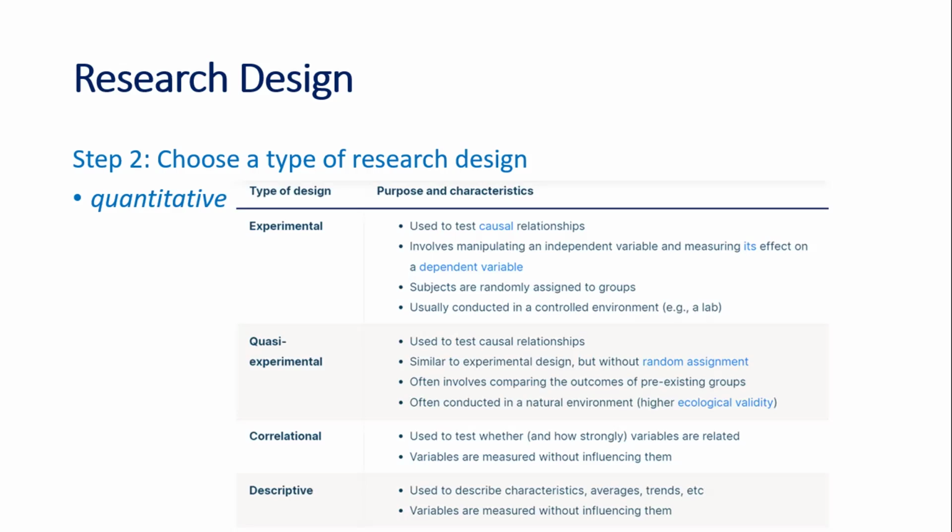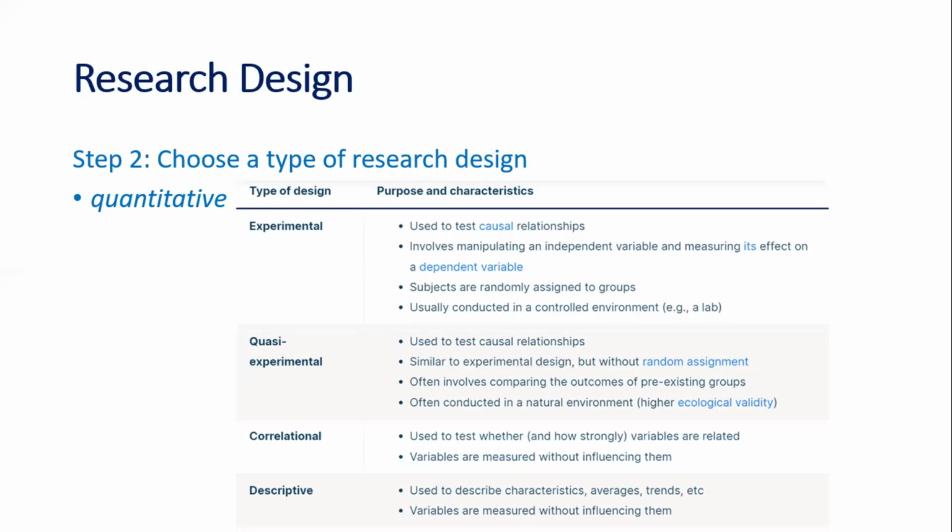In this case, subjects are mostly randomly assigned to groups. So you divide your subjects into groups and sample from those groups, usually conducted in a lab or controlled environment.